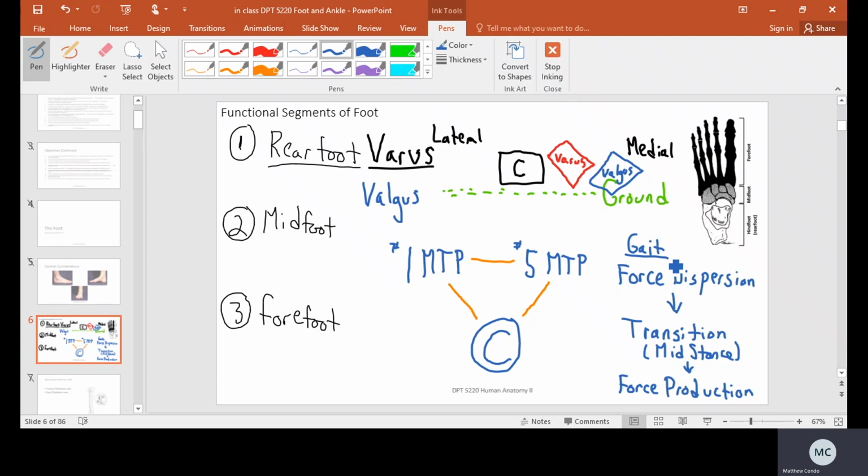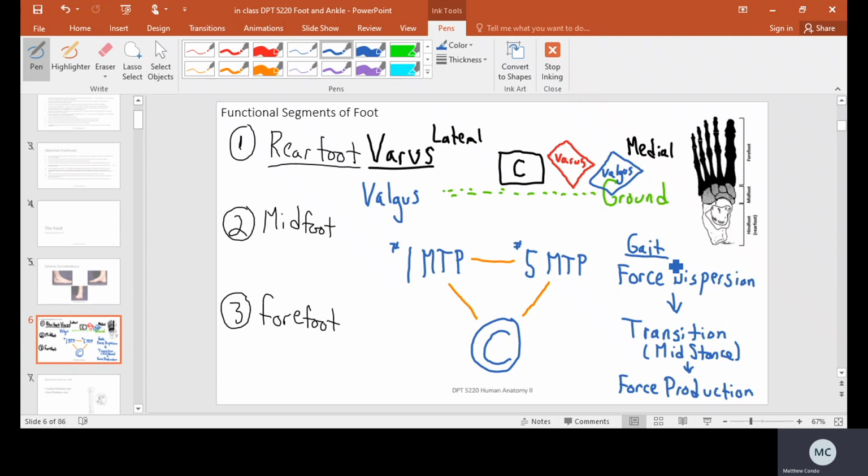So when I produce force, I need my foot, and I need my rear foot, in a varus position. When I accept force, I need my rear foot in a valgus position. And the reason I need it in a valgus position is exactly what you guys just saw in yourselves.